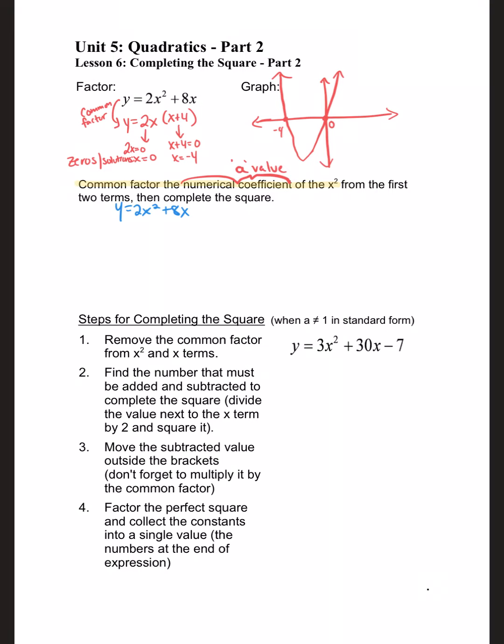We're just going to common factor out a 2, and only the a value. I'm going to leave everything else inside. So I'll have x squared plus 4x.